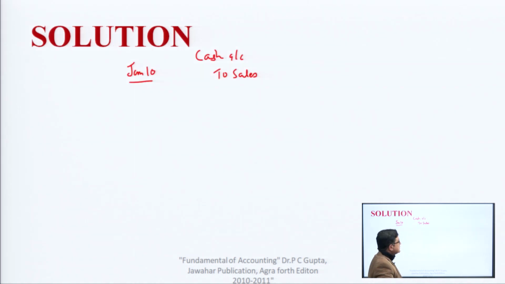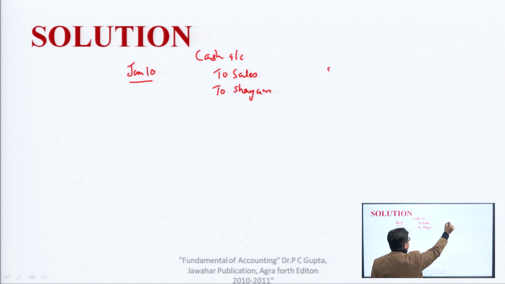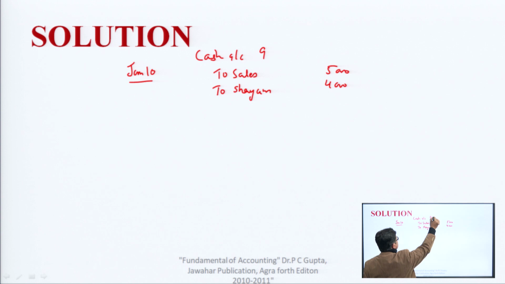So, 4000 to Shyam. So, how much do we receive? From sale 5000 and from Shyam we receive 4000, total we receive 9000. This is our first journal entry.